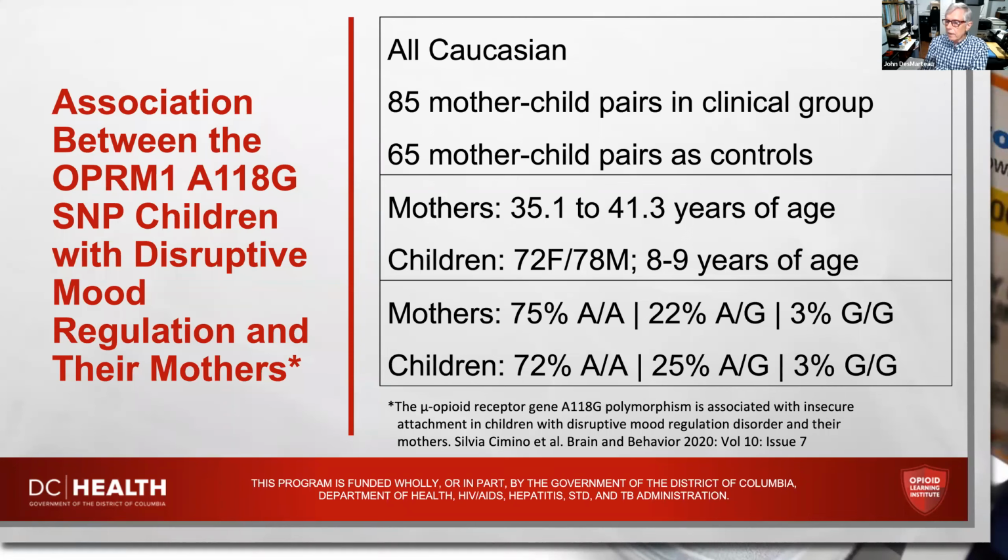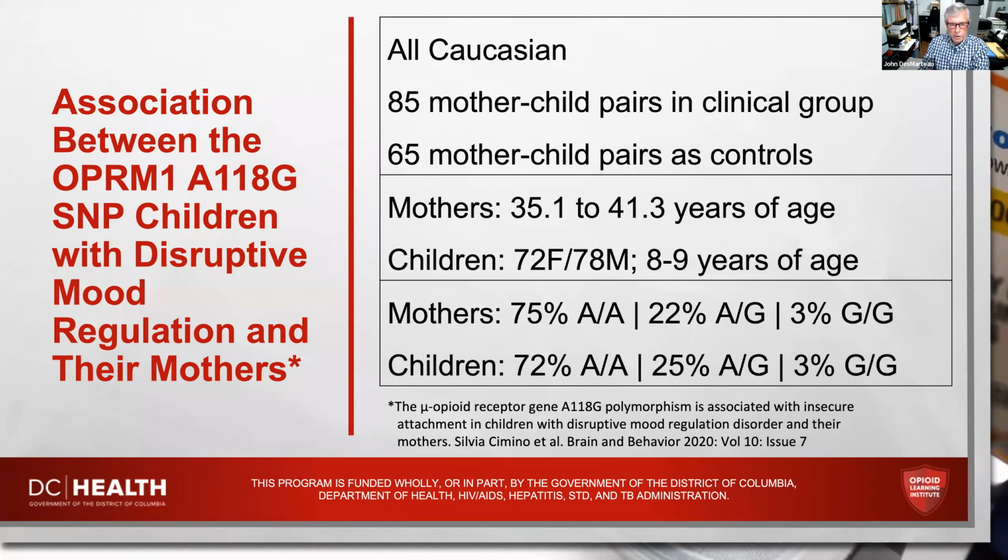And anyway, what they found was, and you can see the data, again, I don't read slides because everybody here can read, but you can see right at the bottom that 22% of the mothers were heterozygous for the SNP and 3% homozygous, and roughly the same in the children.